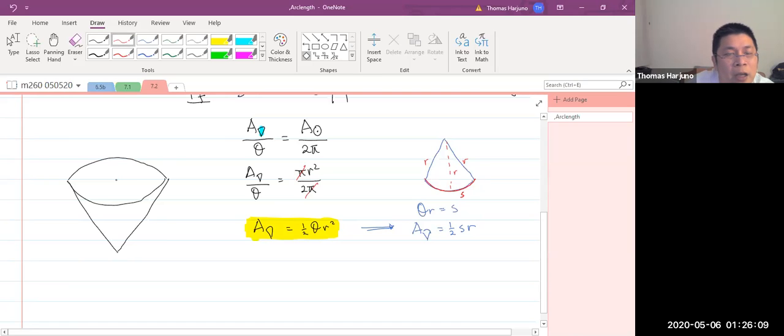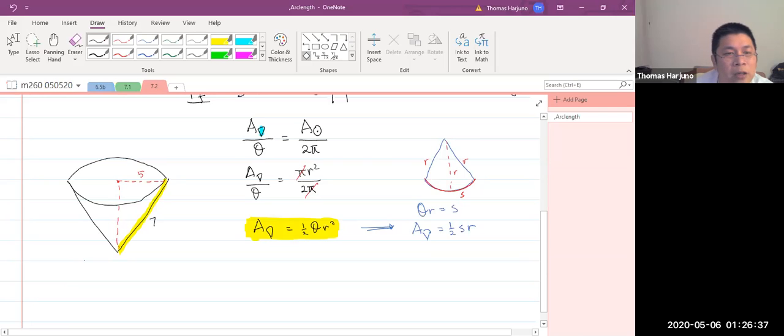Let's say the radius of that cup is 5, and then the length of the slant is, let's say, 7.